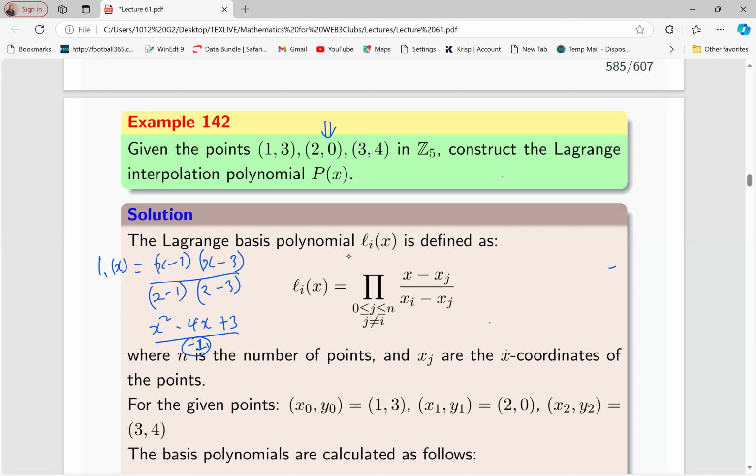But I see that it is easy to just divide the denominator into the numerator, because this is just negative 1.